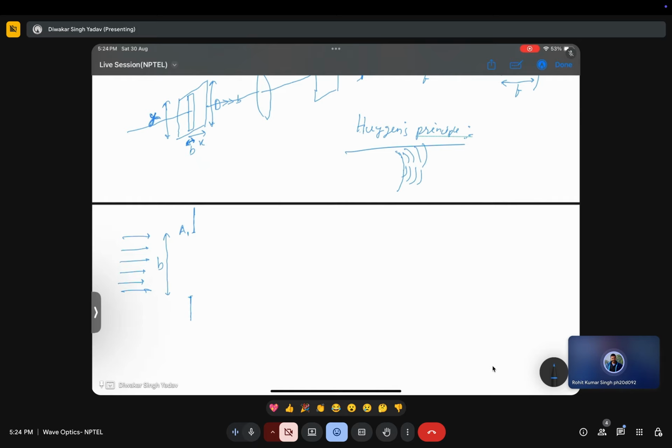So each point of a wavefront can be considered as a source of a secondary wavefront. That's the idea that we are going to use here. So suppose there is a point A2 here.